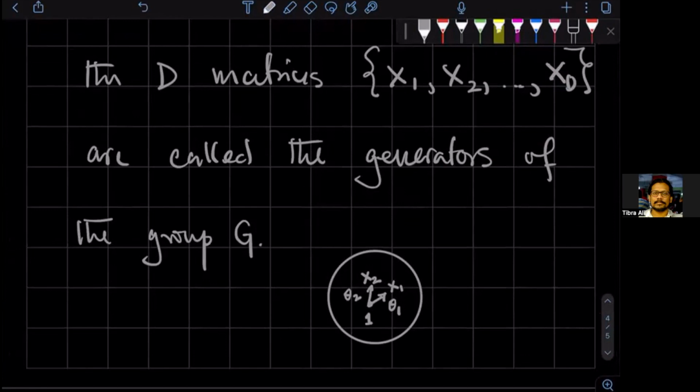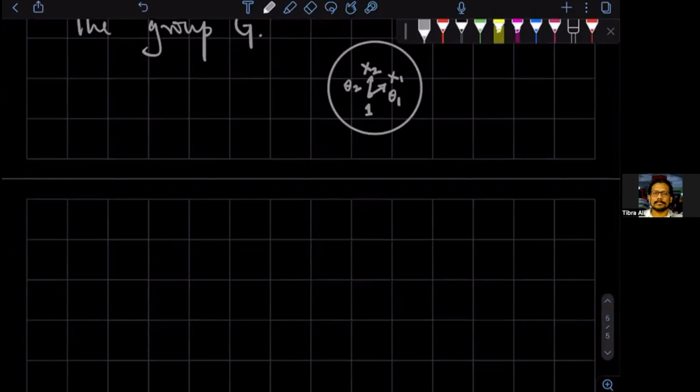I'm just using the language of differential geometry. You don't have to know what a tangent vector is. Intuitively, if you have a curved space and you pick a point and imagine a plane that touches that curved space just at that point locally, then the vectors that form the basis of that space are known as the tangent vectors.